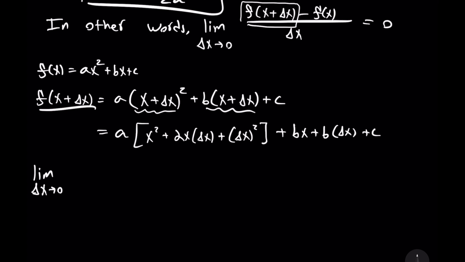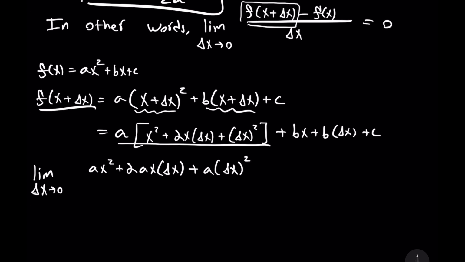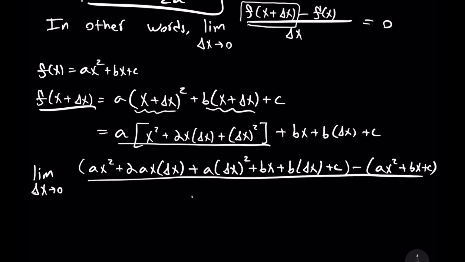So that's just our a, let's just work on that part, ax squared plus 2ax delta x plus a delta x squared plus bx plus b delta x plus c. And that is minus f of x, so that's minus ax squared plus bx plus c, over delta x.